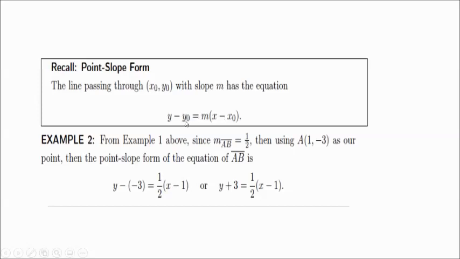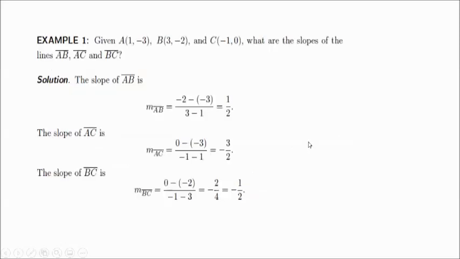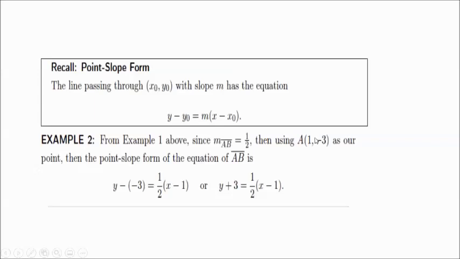Meaning, you substitute the given point. Example: in the first example, we already got the slope, which is 1/2. Then we will use the first point, which is A, 1, -3. We can use this to get the equation of the line.